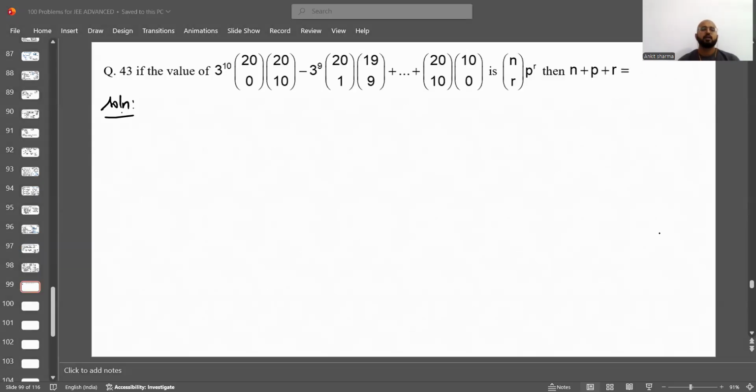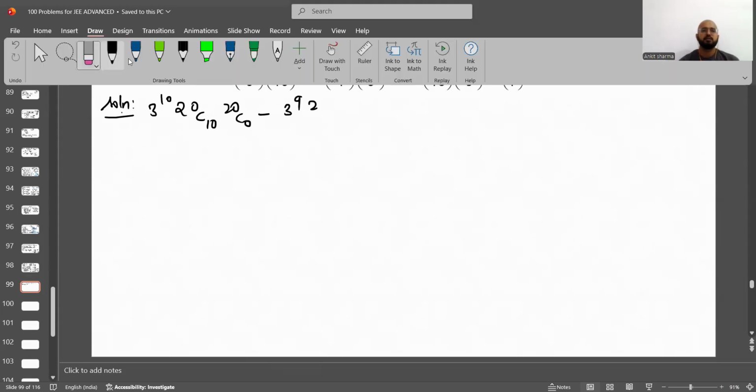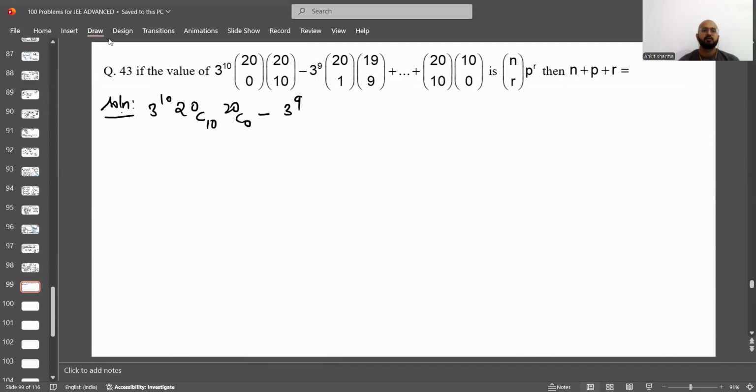The next one, we want the value of this: 3 to the power 10, 20C10 into 10C0, minus 3 to the power 9, and then again 19C9 into 10C1, and so on up to 10C10 into 20C0. So we want the value of this thing.